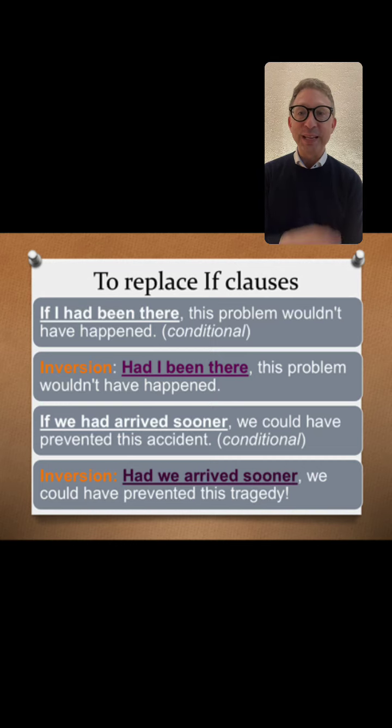Had I been there. So we can say if I had been there, or had I been there, this problem wouldn't have happened. And it's the same in the next one, just so you see. If we had arrived sooner, we can drop if. Had we arrived sooner? So we have two options when we speak about conditionals in this sense.